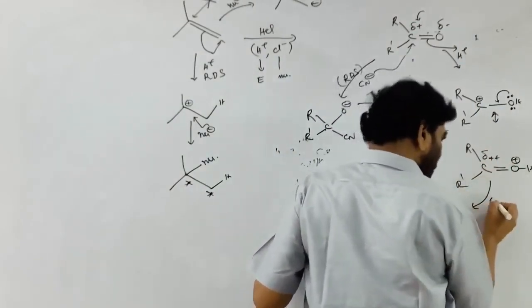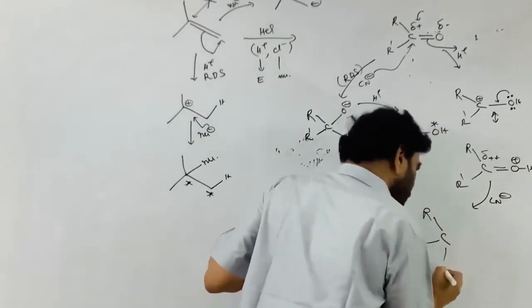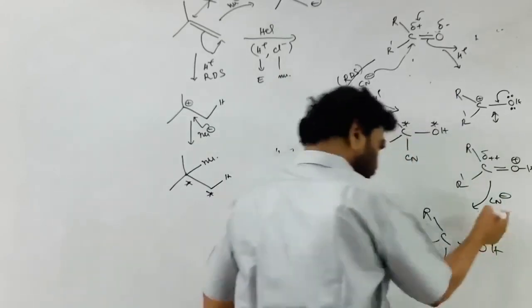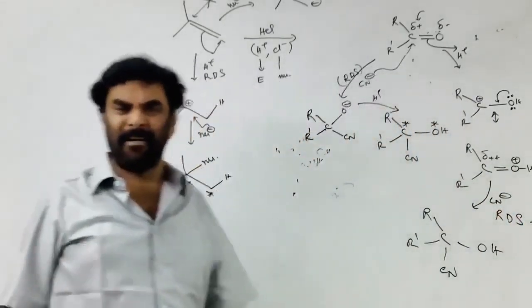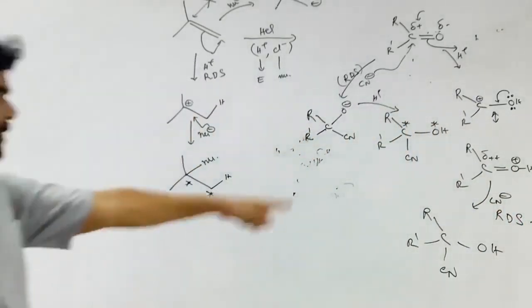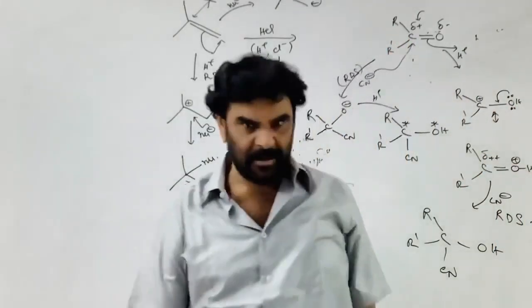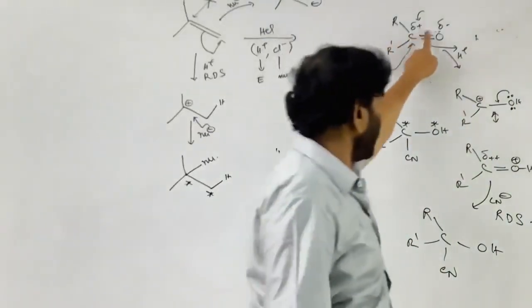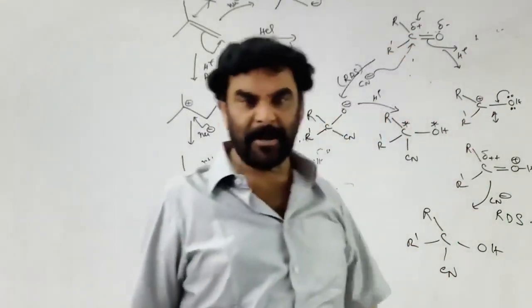Now comes the nucleophilic attack in the next step. This gives the C, R prime, CN, OH. This is the RDS. Why are you saying RDS? During the formation of this from this, the bond angle is not changed. Remember, 120 degrees, sp2 carbon, sp2 carbon.